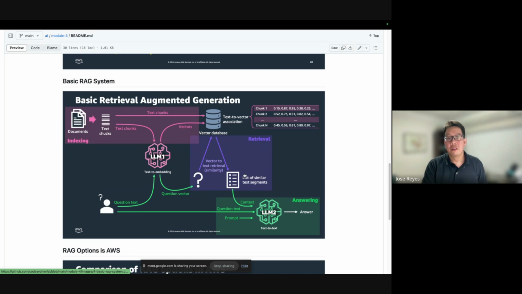So these are all the contexts that we want to use for the large language model. Now, I said that the question text was sent to the embedding model. It is, but it's also sent straight to the large language model, right?